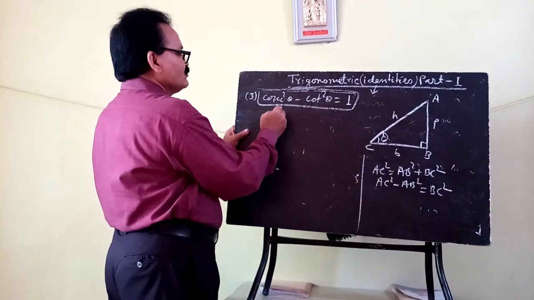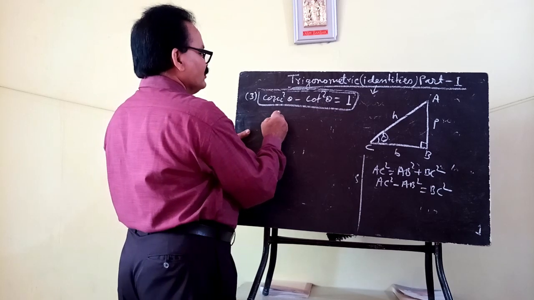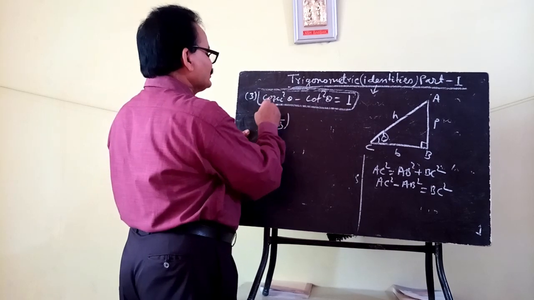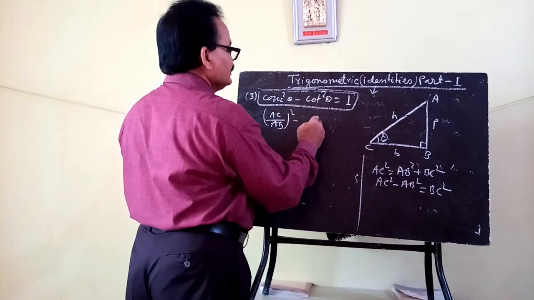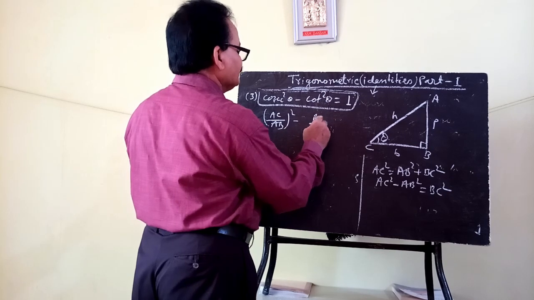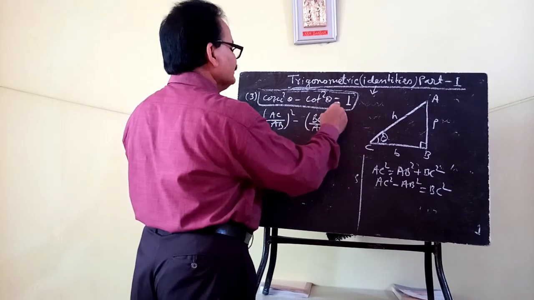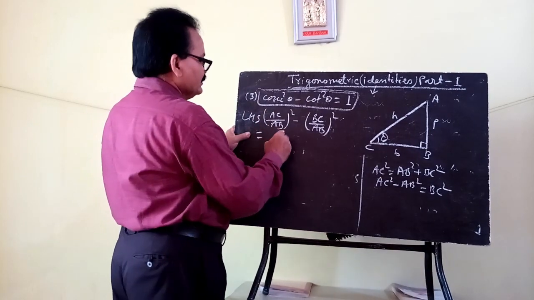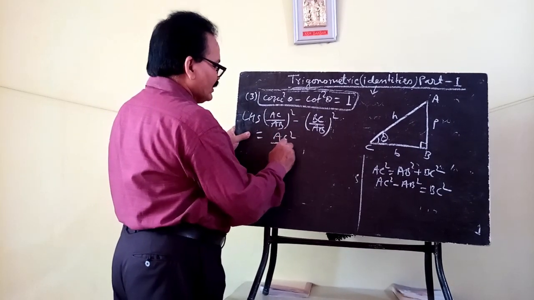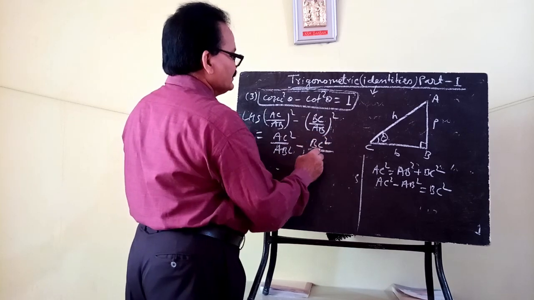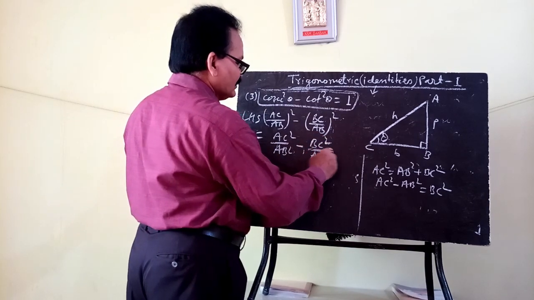So here cosec theta means AC by AB whole square, minus cot theta means BC by AB whole square. So this is your LHS. So AC square by AB square minus BC square by AB square.